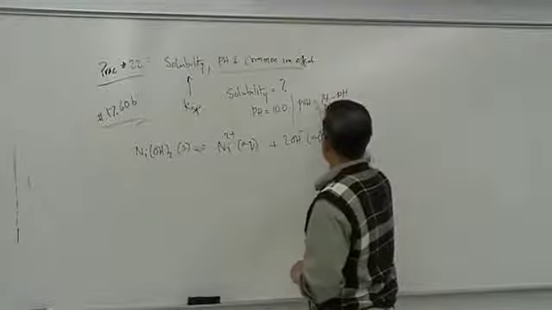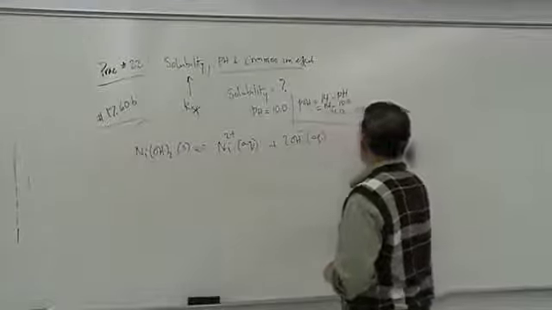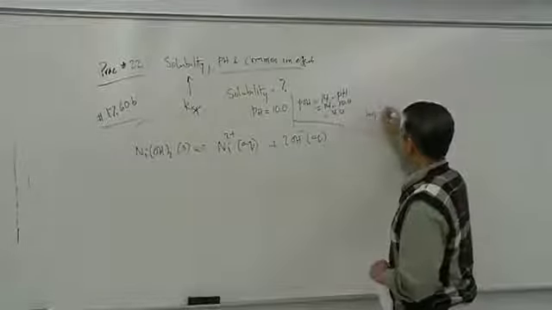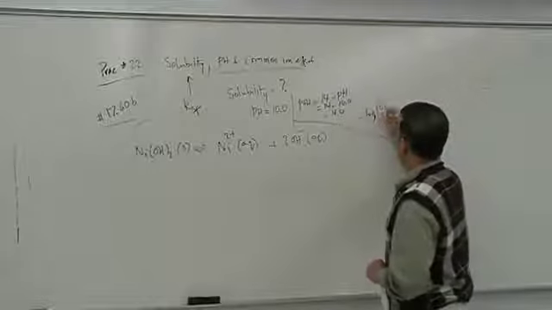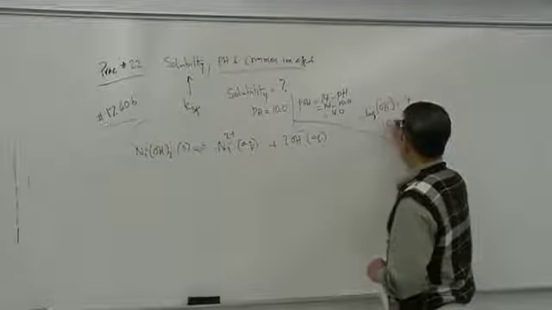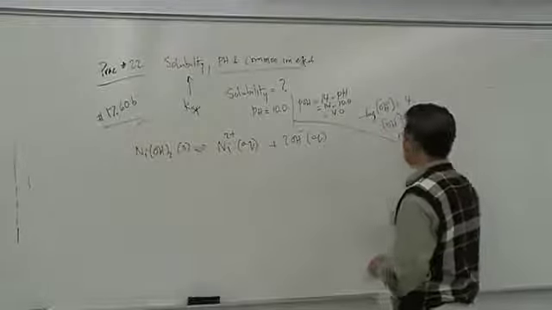So that means 14 minus 10, that gives me 4.0. From here, pOH means minus log of OH minus equals 4. So OH minus is equal to 10 to the negative 4 molar.